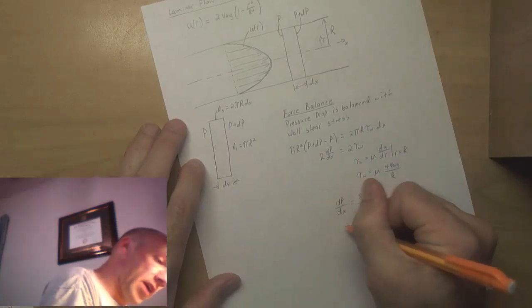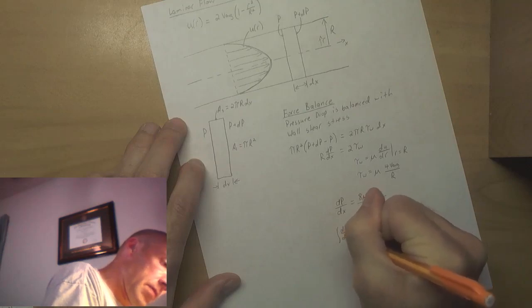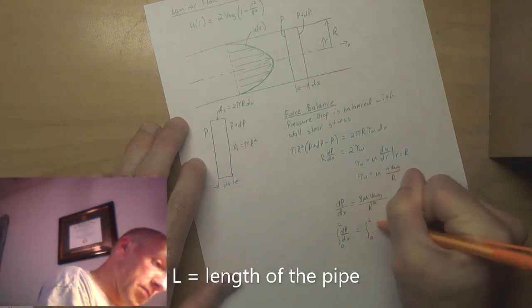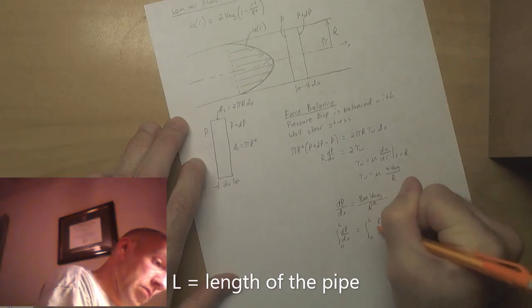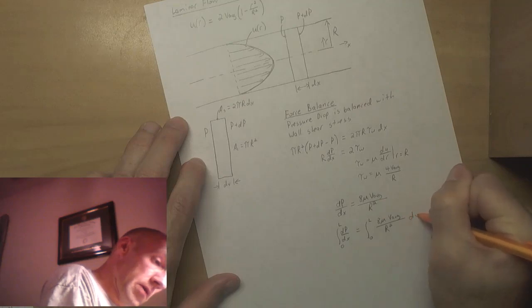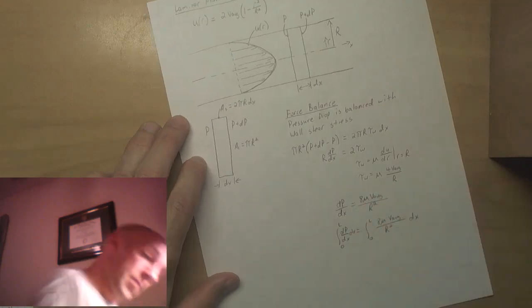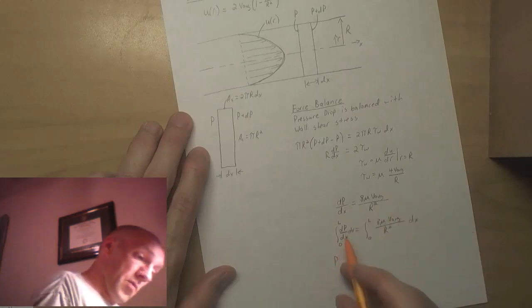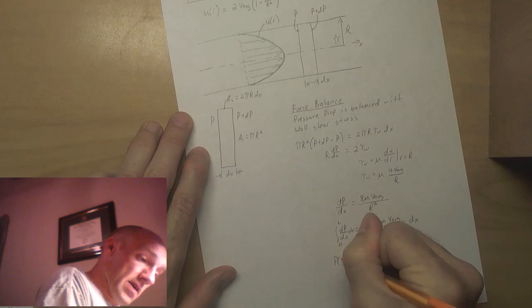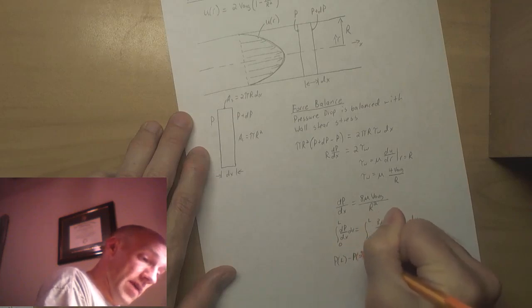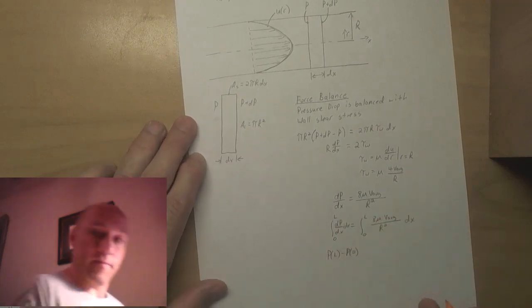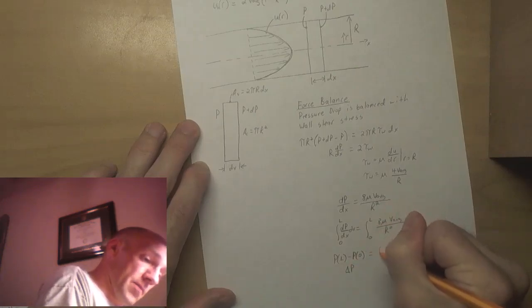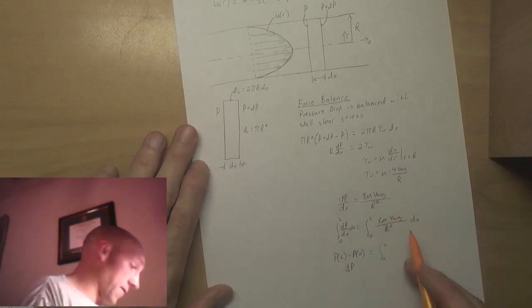And so I can integrate dP/dx from 0 to L. What this comes out to be is P at point L minus P at x equals 0, i.e. delta P, equal to the integral from 0 to L of this right here.